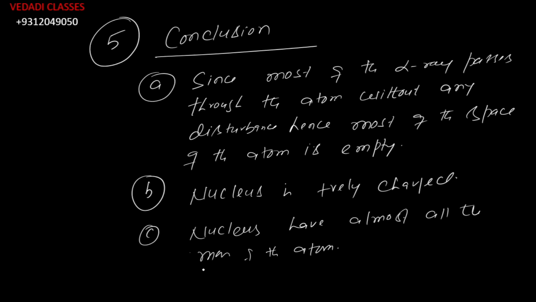Now, this is about the Rutherford atomic model. But this Rutherford atomic model also has some drawbacks. So we also have to study the drawbacks of the Rutherford atomic model.